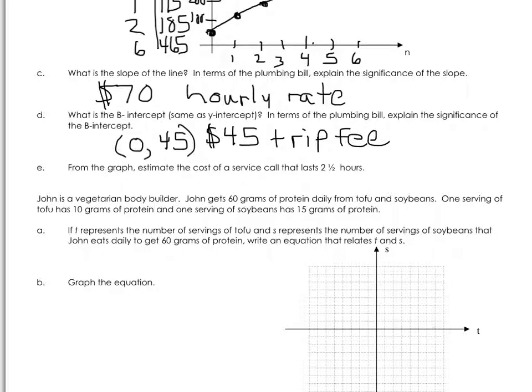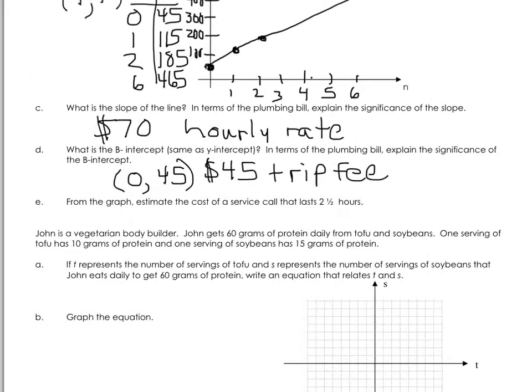From the graph, estimate the cost of service that lasts 2 1/2 hours. 2 1/2 hours is approximately here. Go straight up, come straight over. Boy, my drawing is not exactly wonderful, but I'm going to estimate. It looks to me about $230.